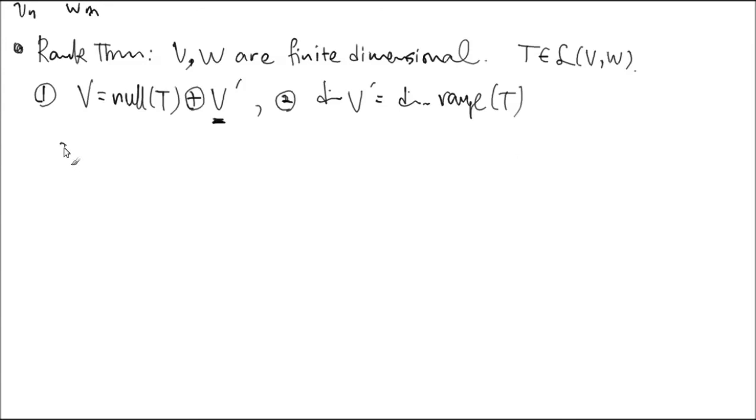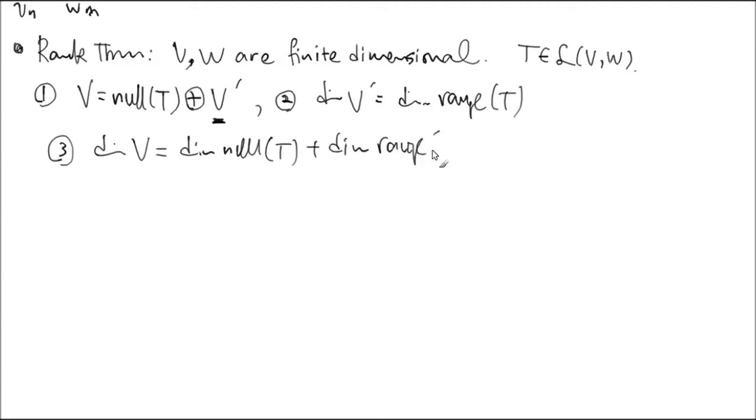And the most common part, which they usually introduce without these first two parts, is that the dimension of V equals the dimension of the null space of T plus the dimension of the range of T, right? The whole thing: some part dies and some part survives.